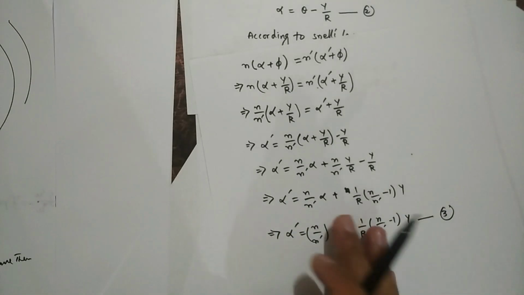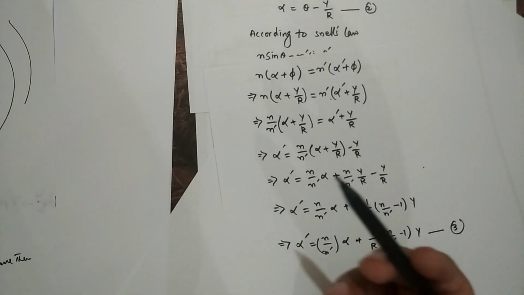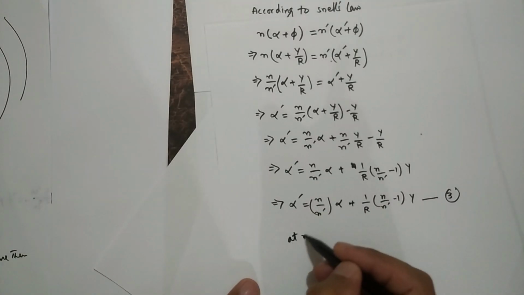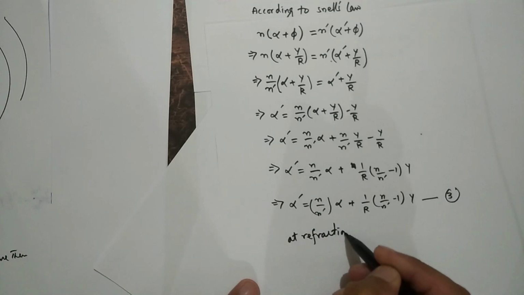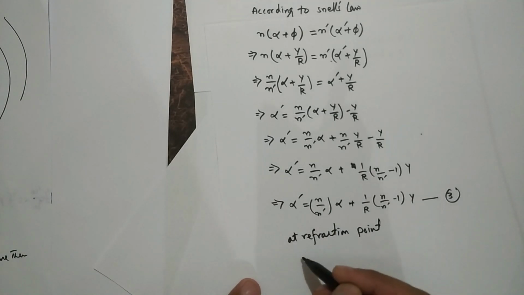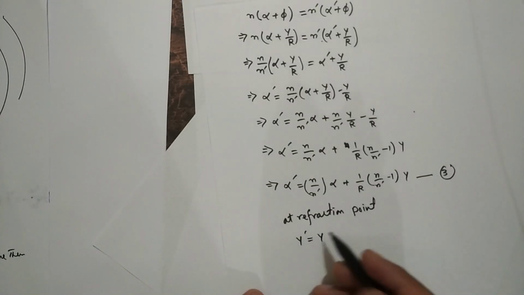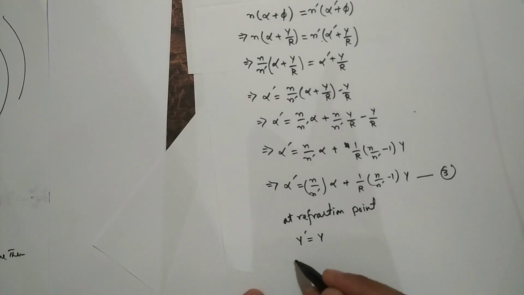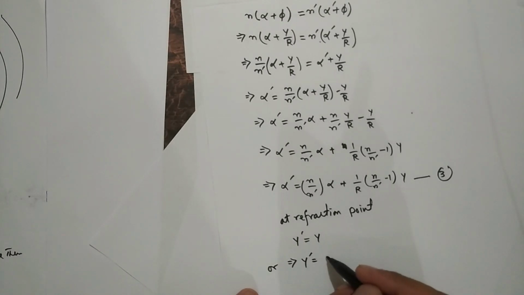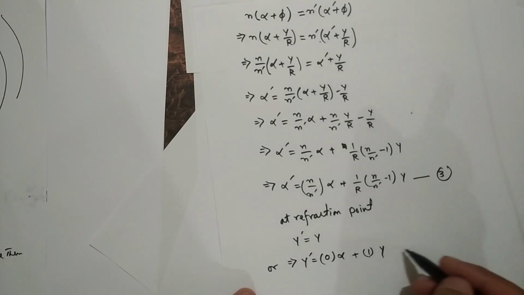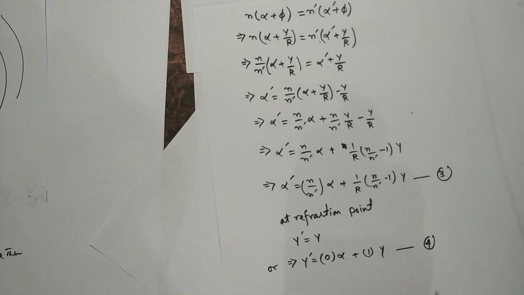So already we discussed that at the refraction point, y prime is equal to y. So we can also write this y prime as y prime is equal to 0 times alpha plus 1 y. This is, let's suppose, equation number 4.